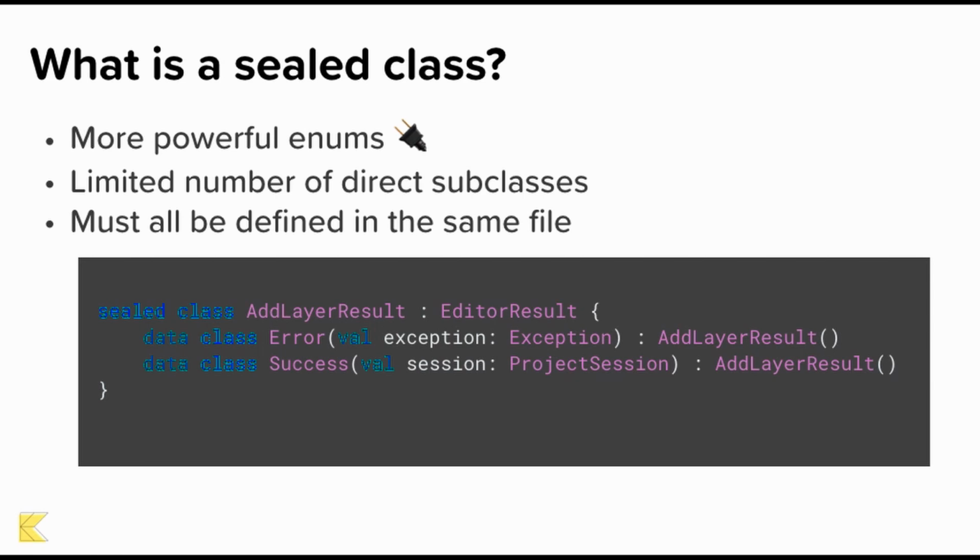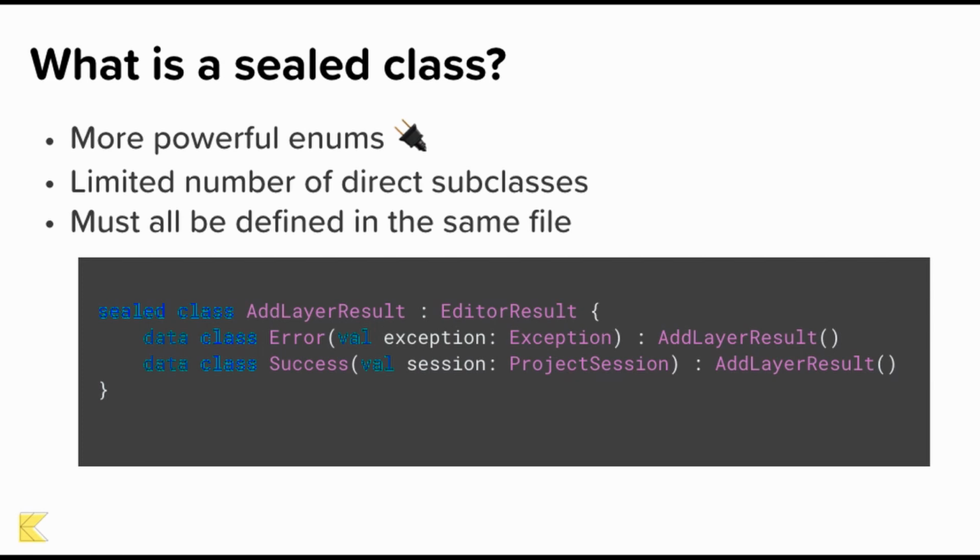So this is an example of a sealed class, and an example of how we actually use it. This class is called AddLayerResults, and we have two kinds of classes that extend from it: an error class and a success class. These are data classes so that we can properly pass them around, do comparisons, and use the copy methods nicely.